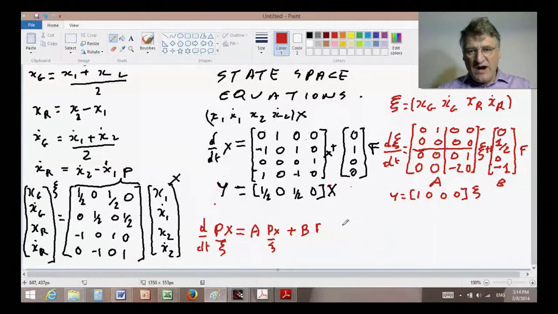And we have that y is equal to, if we call this matrix C, C times xi, which is C times P times x.